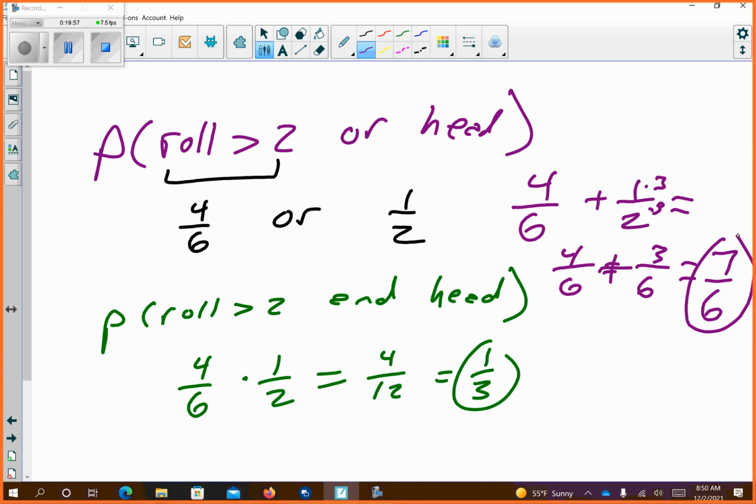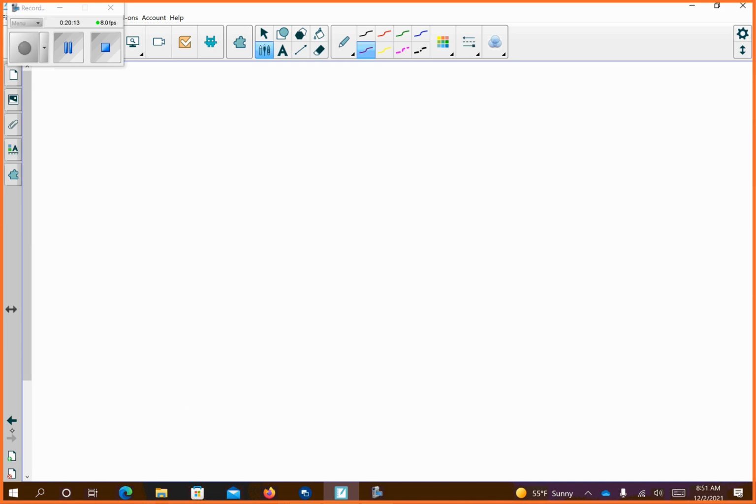In example 9, probability of selecting a king or a red, we're adding all the outcomes up. So in example 9, it says probability of selecting a red, that's 26, or a king. So let's look at that one first.